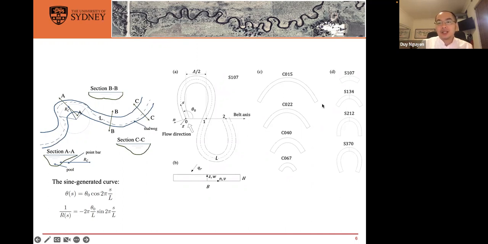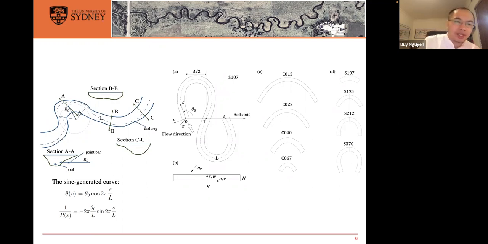When we change that, we actually change how sinuous the river is. So it also has a range from not very sinuous to very sinuous, and all of this range of curvatures and sinuosities actually reflects a range of natural rivers from various reports in the literature.